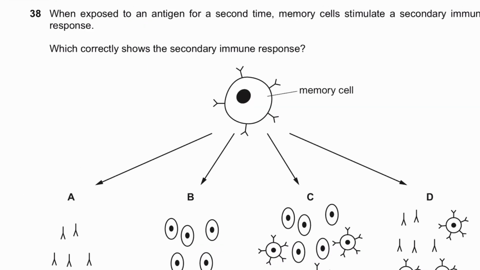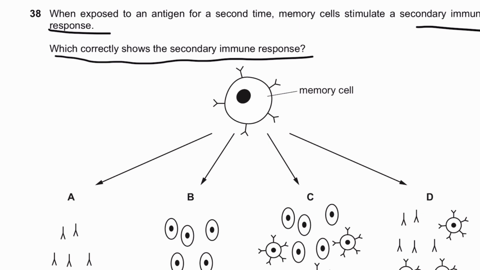When exposed to an antigen for the second time, memory cells stimulate a secondary immune response. After clonal selection, the memory cells are going to undergo clonal expansion, where they divide and specialize into plasma cells, which produce antibodies. It's really similar to the primary immune response, except it's faster, because clonal selection does not take that much time anymore, and it does not take as much time for the cells to produce antibodies in general.